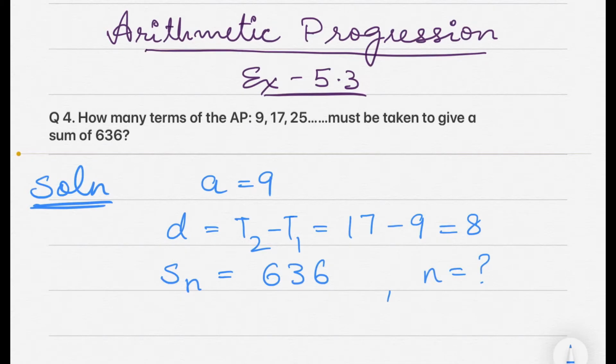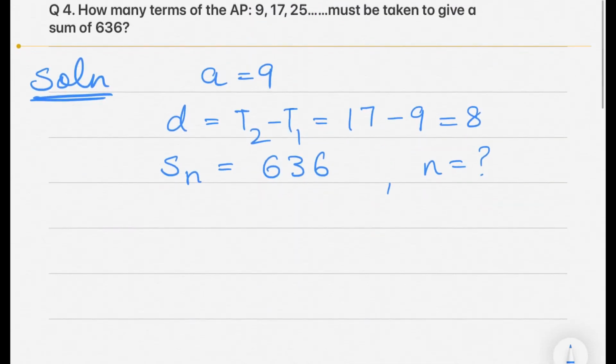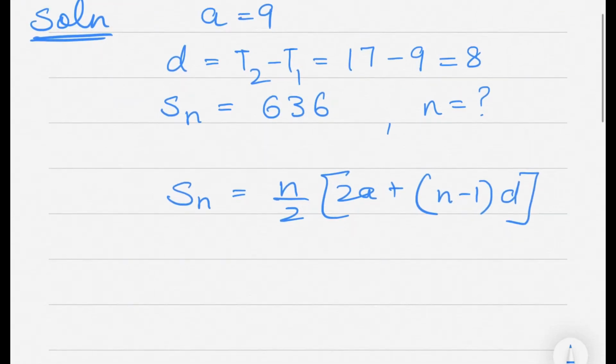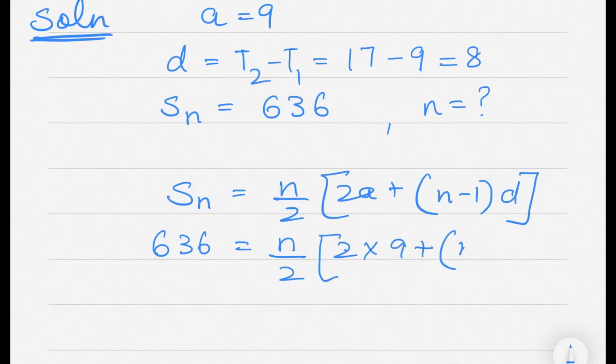Okay, so now let's start with the formula. So sum of n terms is equal to n by 2 into 2a plus n minus 1 into d. Okay, now this sum is given as 636 and this is equal to n, I don't know this, by 2 into 9 plus n minus 1 into 8.